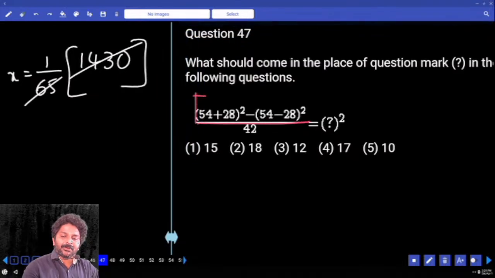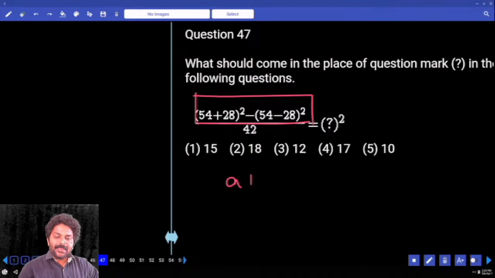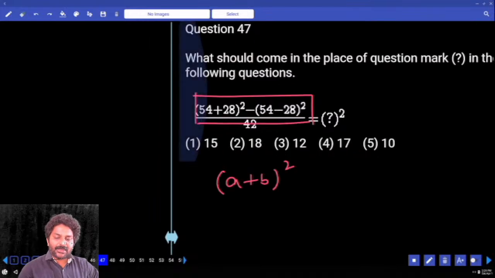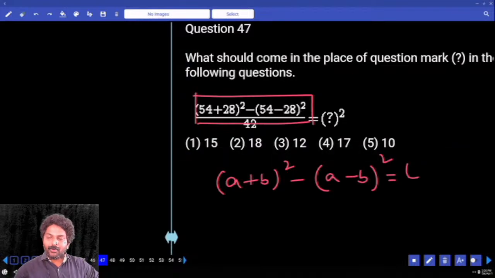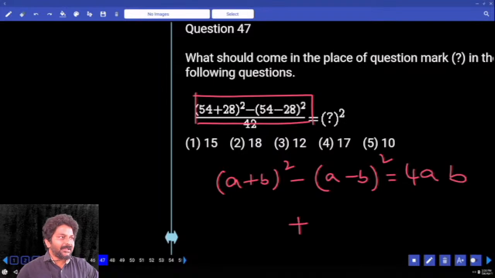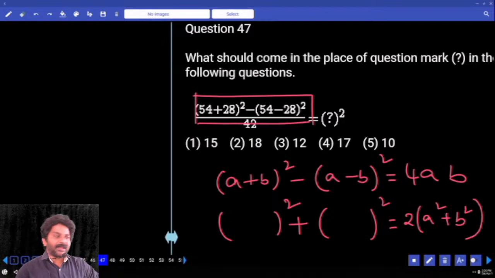Now concentrate only on the numerator. In which form is it? A plus b whole square minus a minus b whole square. What does it become? 4ab. Here if it is plus, it is 2 times of a square plus b square.